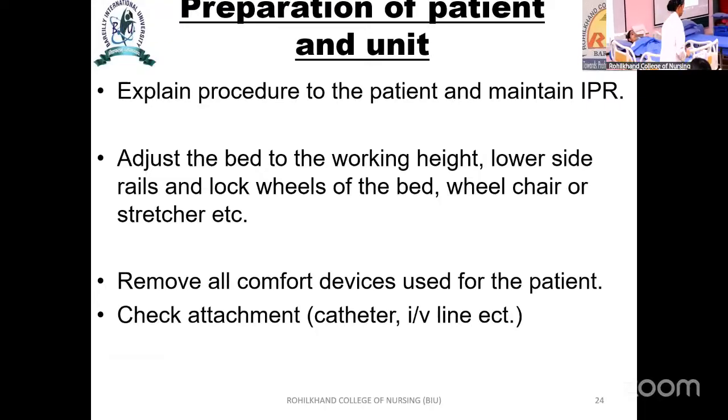Preparation of patient and unit. Firstly, explain procedure to the patient and maintain IV line like that. Adjust the bed to the working height, lower side rails and lock wheels of the bed, wheelchair or stretcher.